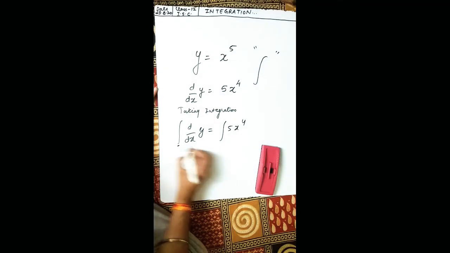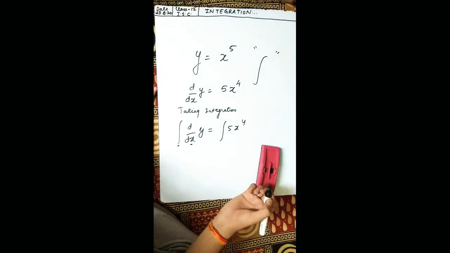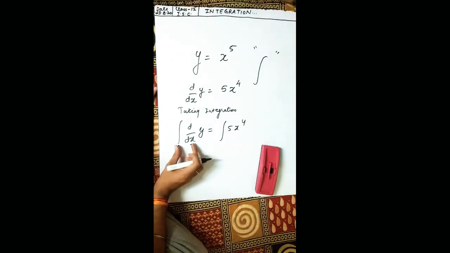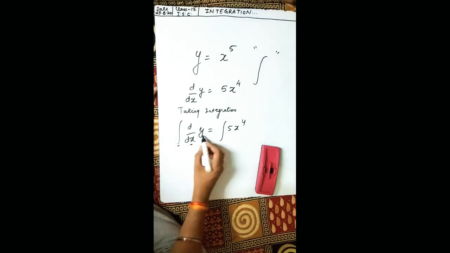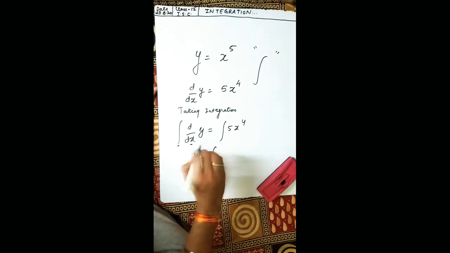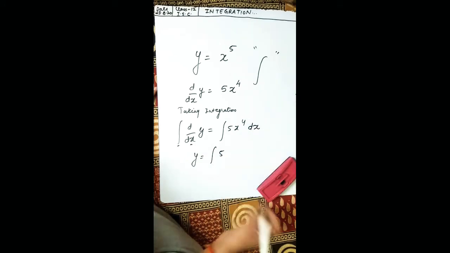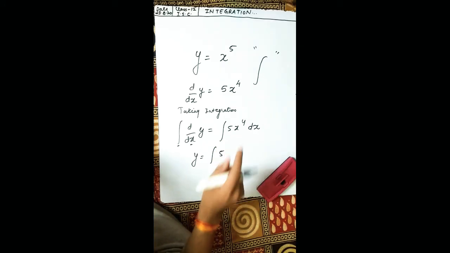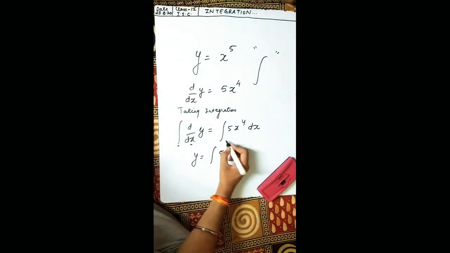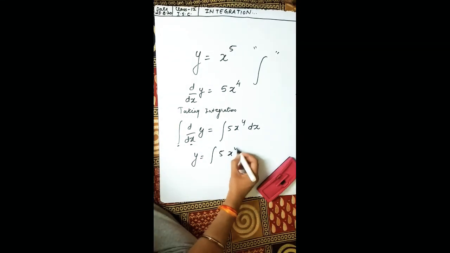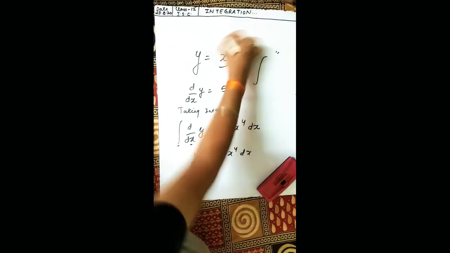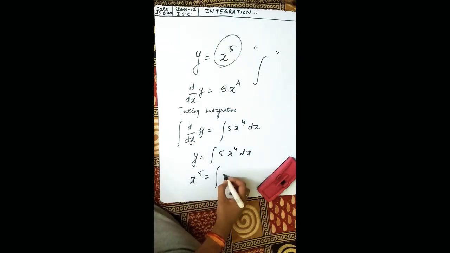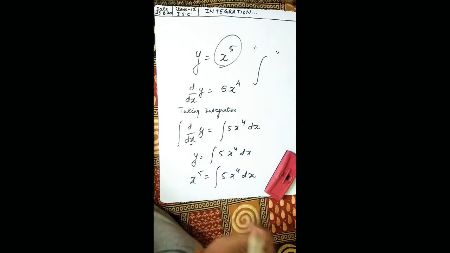Now as integration and differentiation are both reverse operators, they will cancel each other, and we are left with y is equal to the integration of, we put dx over here. Whenever we use integration, integrating with respect to x, as we say differentiation with respect to x, so integrating with respect to x, we put dx over here. What is our y? y is x to the power 5. So x to the power 5 is the integration of 5x to the power 4 dx.